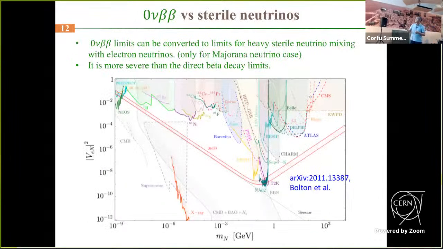Another aspect of neutrinoless double beta decay is the sterile neutrino. If there is a sterile neutrino, there will be a larger probability for neutrinoless double beta decay. This is a function of the mixing between the electron and sterile neutrinos. This plot shows the neutrinoless double beta decay, but only for Majorana neutrino cases.